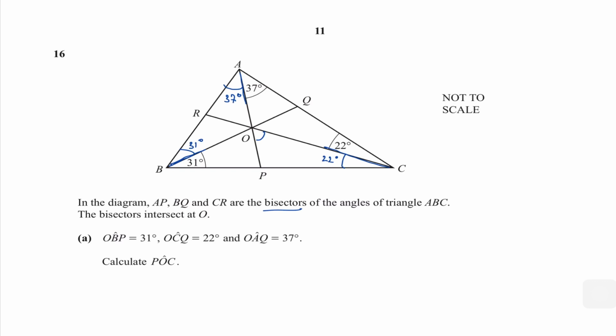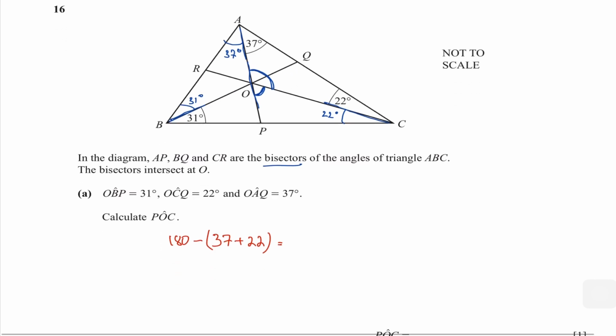Actually I do, and what I'm going to do now is, instead of working out POC directly, I'm going to work out this angle, and once I have this angle I'm going to subtract it from 180 since we have a straight line here. Let me switch to the color red. Here's my working: 37 plus 22, and this answer I'm going to subtract from 180.